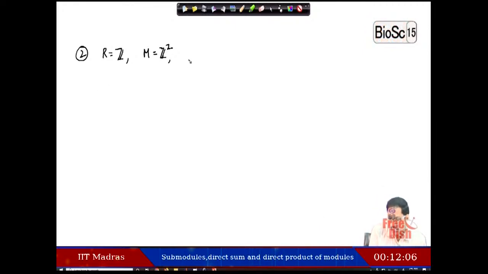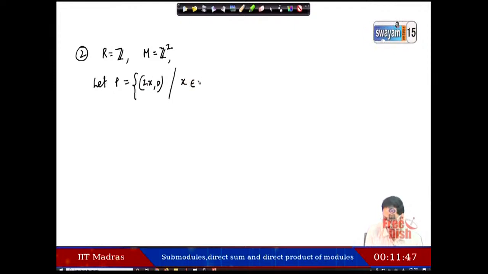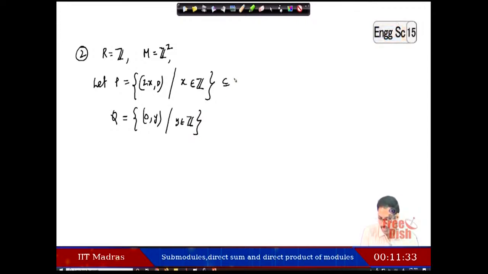Now, let us look at P. Let us take P as the set of all (2x, 0) such that x belongs to Z, and Q as the set of all (0, y) such that y belongs to Z. Both are contained in M. Check that P and Q are submodules of M.